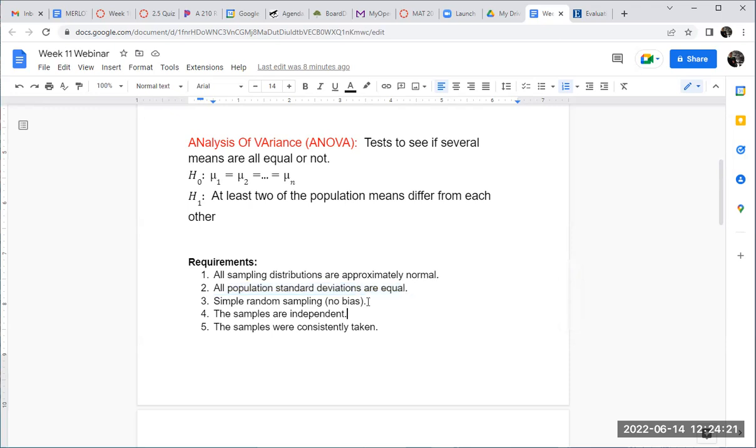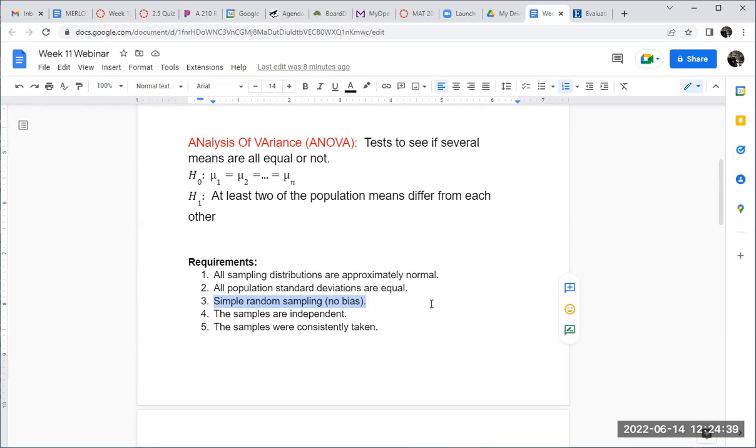Okay, the next one is the one I kind of started with: you must have simple random sampling or representative samples for all of the samples. We've had that in everything we've done in the entire course. If you have bias, you can't run statistics.